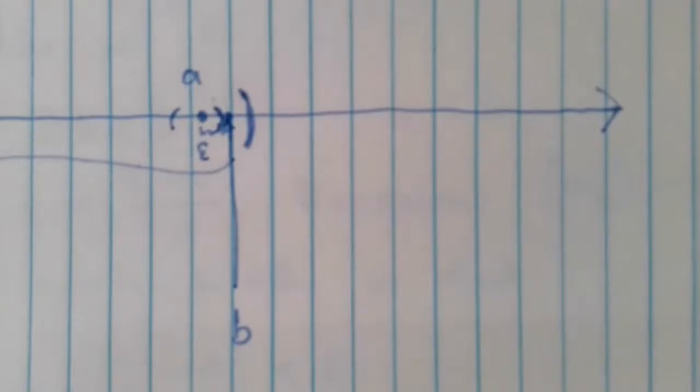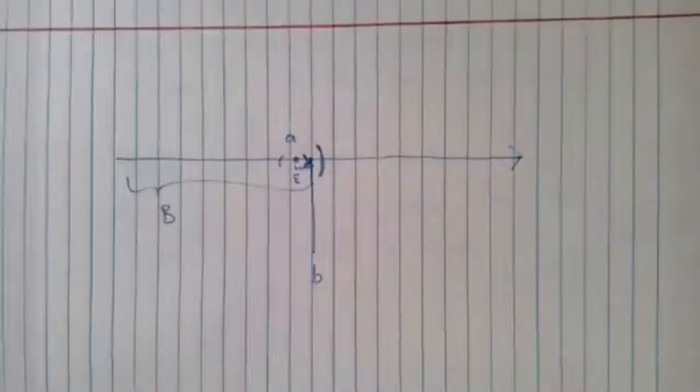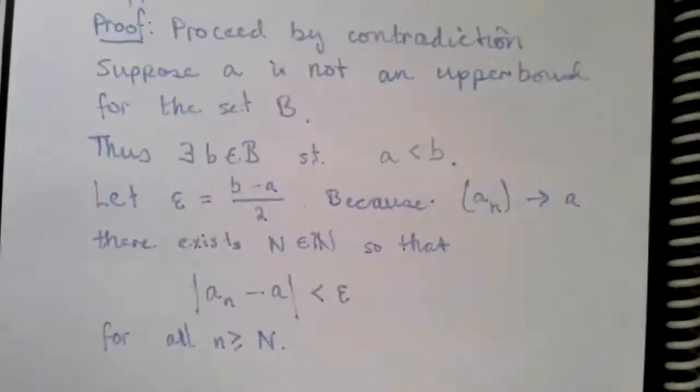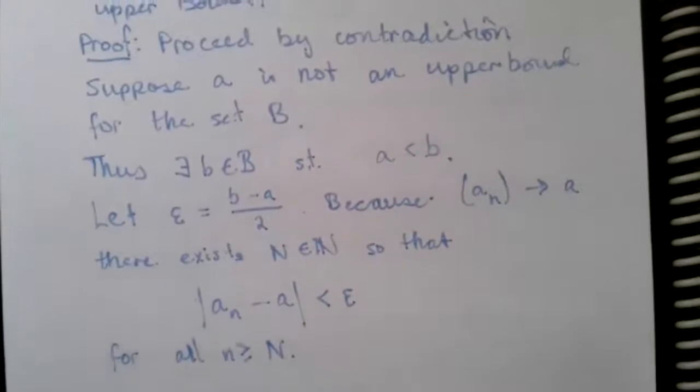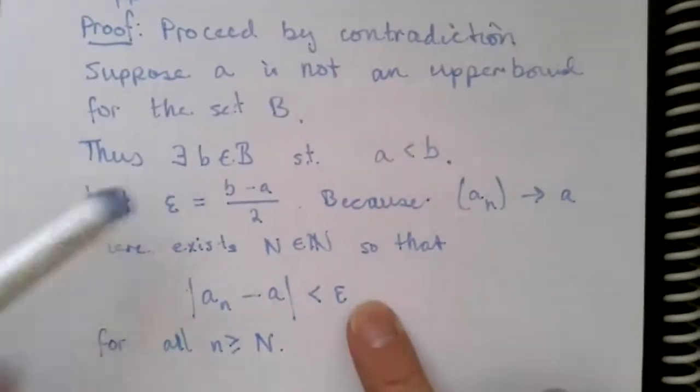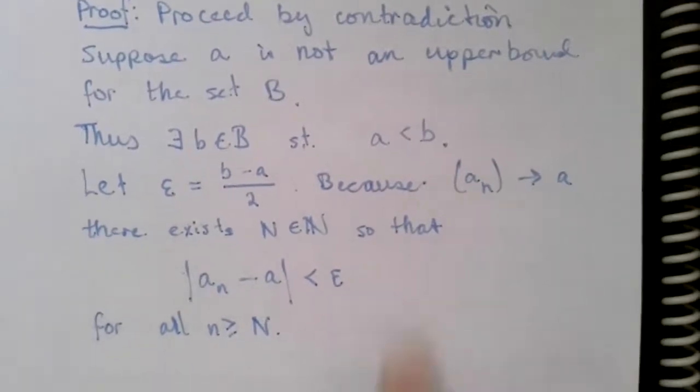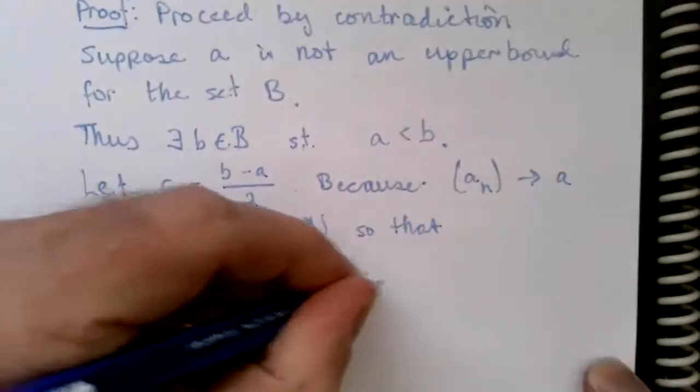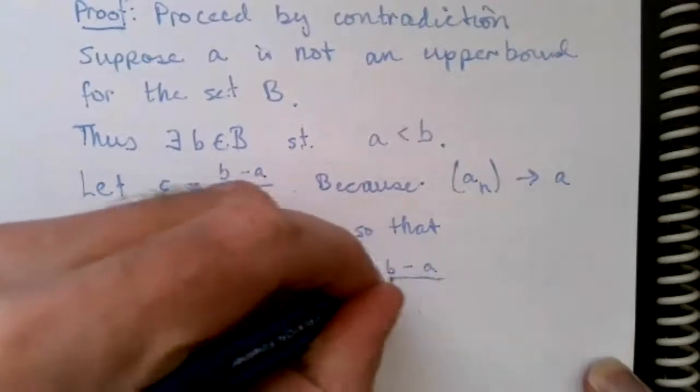Okay, so help me put a bow on this. Help me finish off the proof. Plug the epsilon in. Right, so we're going to use that epsilon. Maybe I'll even say B minus A over 2.